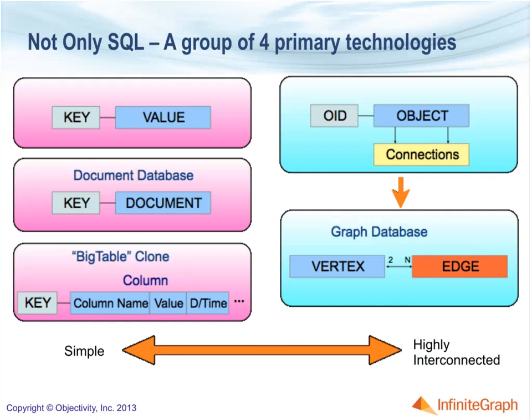So vertices are nodes, maybe a city would be an example, and edges are the connections between them, with data in the edges generally. So that might be roadways, flight paths, waterways, railroads, that kind of stuff. It turns out that these other NoSQL technologies, and in fact, as you'll see, relational technology isn't very good at handling relationships. The more interconnected things are, the more it's time to start looking at a graph database.